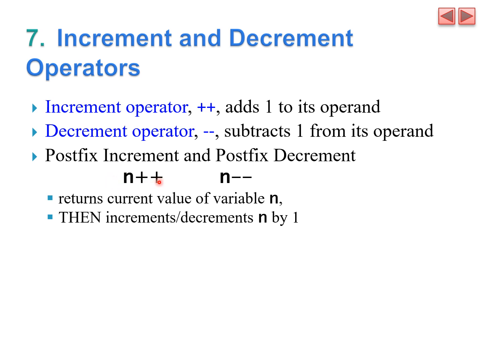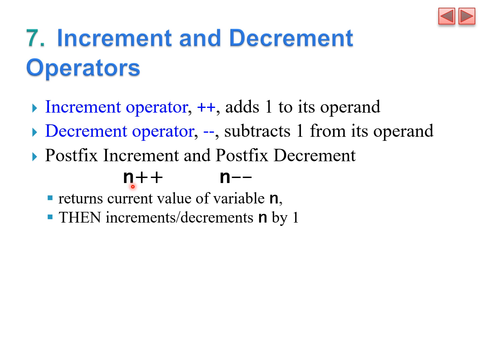If you write these operators after its operand, which is an integer variable, for example, variable n, then it will return the value of the variable n. That means that the value of this expression is equal to the value of the variable n before it is increased or decreased.